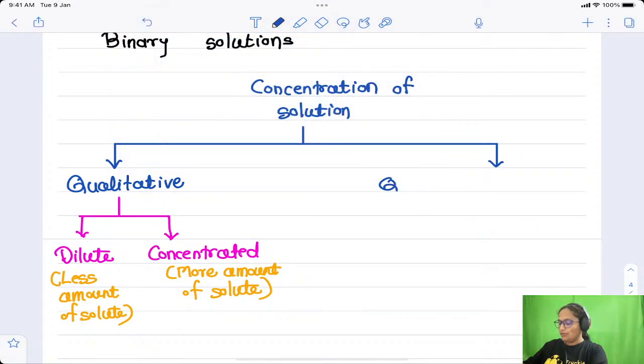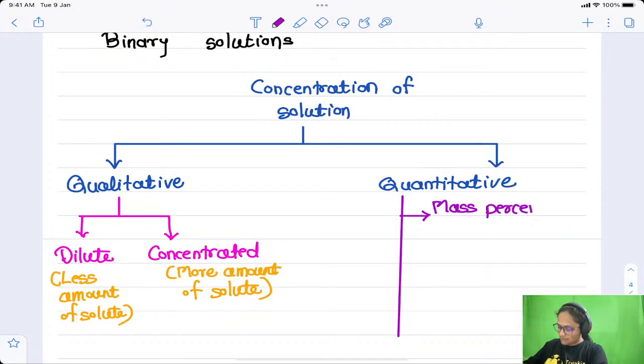We are going to discuss the quantitative methods in detail further. One by one I will write down those methods. There are different methods available here. First method is mass percentage. Second method is volume percentage.